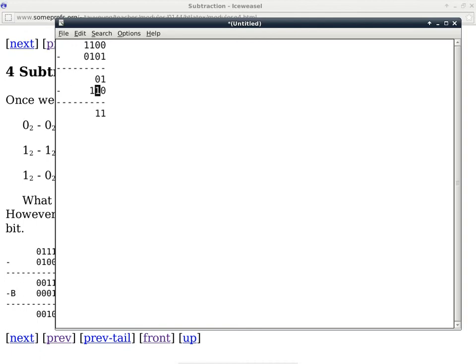All right, moving on to this column. 1 minus 1 is a 0 with no borrow. 0 minus 1 is a 1 with a borrow. Over here, we have 1 minus 0 being a 1. It does not have any borrow. 1 minus 1 is a 0.